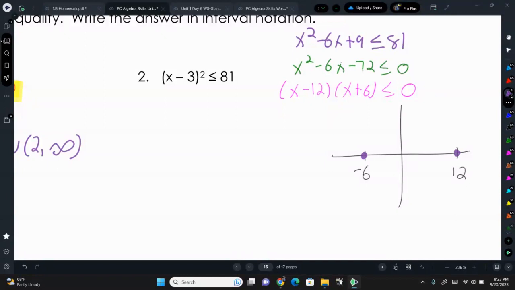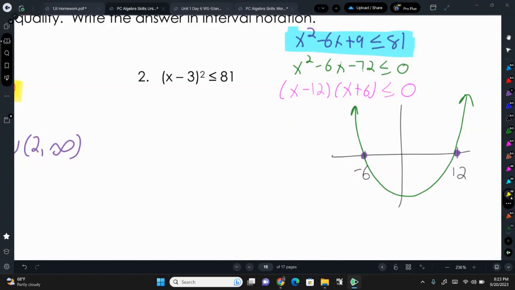And again, if we look at this equation in standard form, our a value is +1. So this parabola will be opening upwards, something like this. We don't need to know the vertex or anything. So we'll look and see, when is this less than or equal to 0?